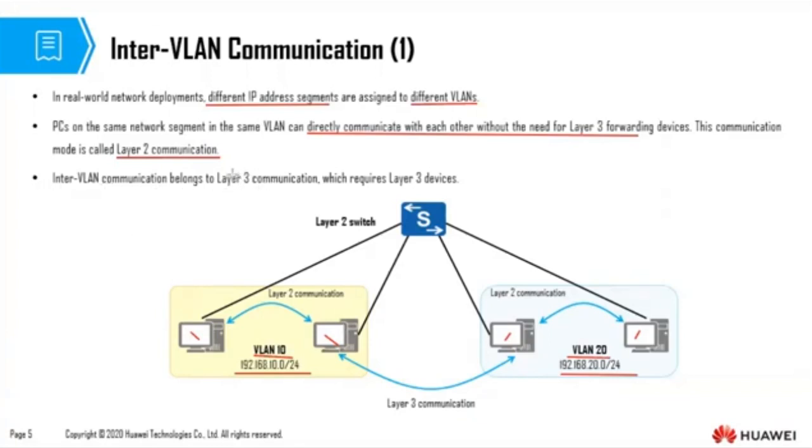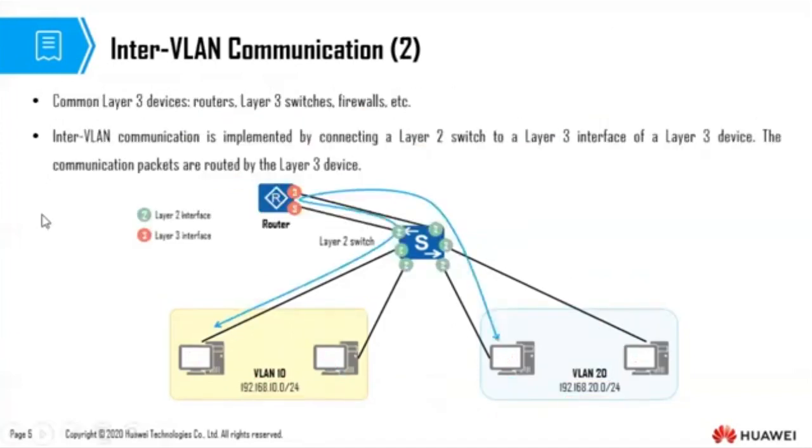Inter-VLAN communication belongs to layer 3 communication, which then demands that you use a what? A layer 3 device. The layer 3 device can be a router or a layer 3 switch. Those are the main layer 3 devices that we have.